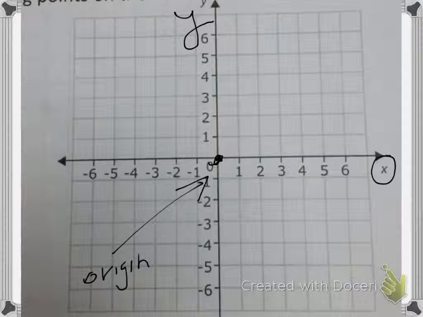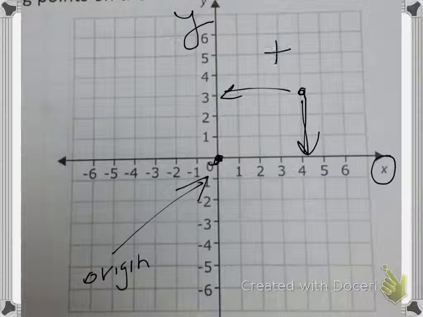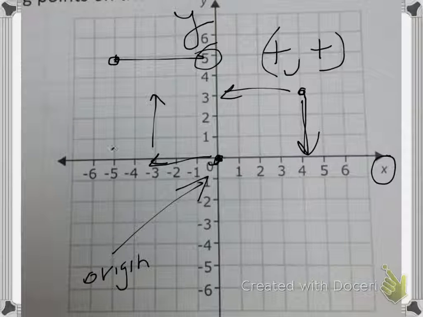When we do that, any point in this first region would point to two positive numbers. This one right here, we would go backwards first and then up. So if we put a point here, it would point to a negative and a positive number. Since x comes first, it would be negative first and then the positive y second.